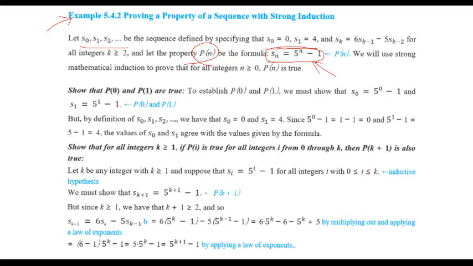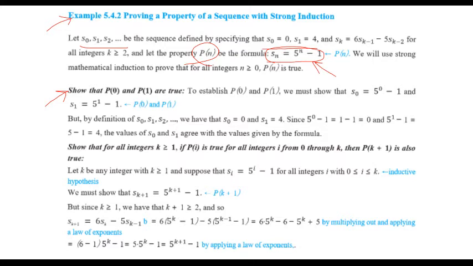Now we are going to start proving the basis step, which says P of 0 and P of 1 are true. So 0 is equal to A in the definition of a strong induction at the beginning of the section. If you remember, we said there are two fixed integers, A and B, in the definition of a strong induction.